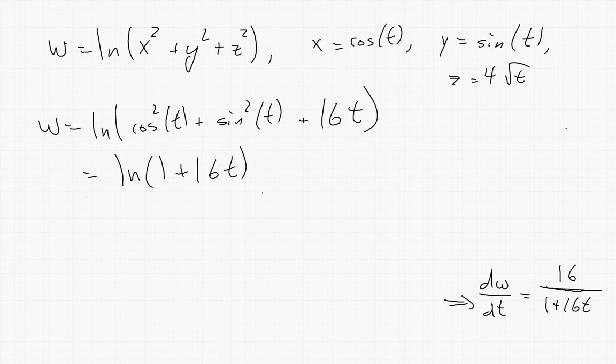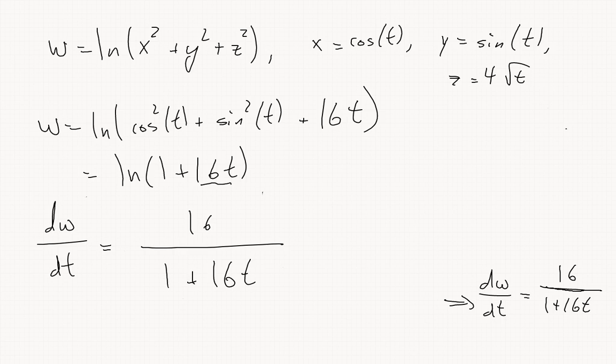And now by logarithmic differentiation, d of ln is the derivative of the inside thing, which is just 16, over the original thing, which is 1 plus 16t.